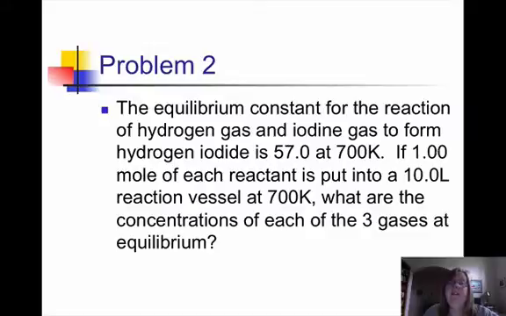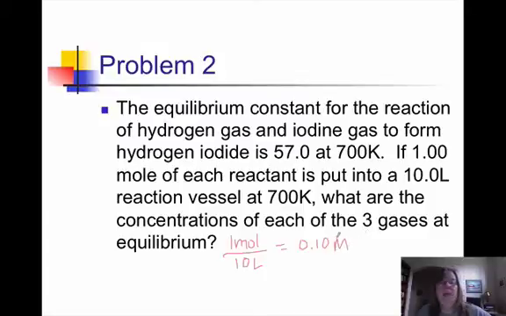All right, first of all, we need molarity for our concentrations. So it says here, if 1 mole of each reactant is put into a 10-liter vessel. So that means, remember, molarity is moles over liters. Each reactant's concentration at the beginning is 0.1 molar. So we had to change that moles to molarity.